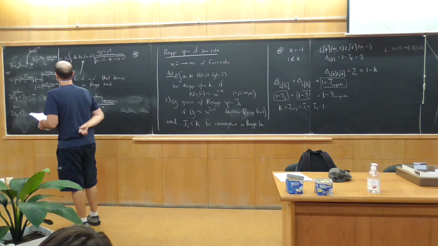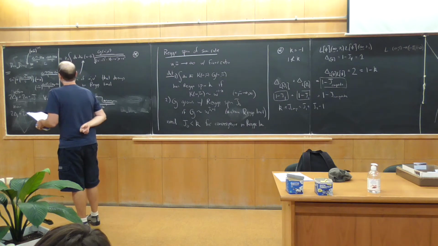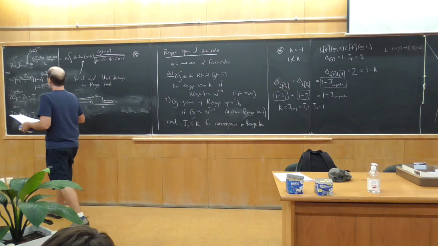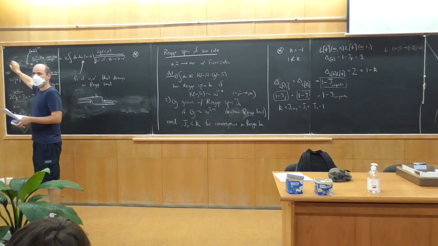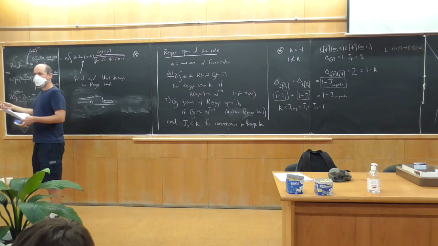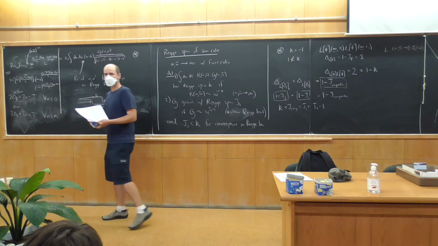We want to add a subtraction, by which I mean multiply by something that suppresses the Regge limit and has singularities, but the singularities are only in the S-channel OPE limit. And by crossing symmetry, which I'll talk about in a moment, we also need to allow singularities in the T-channel OPE limit.